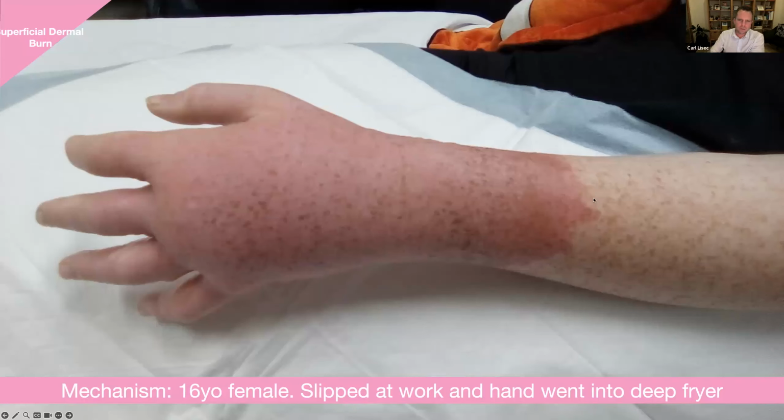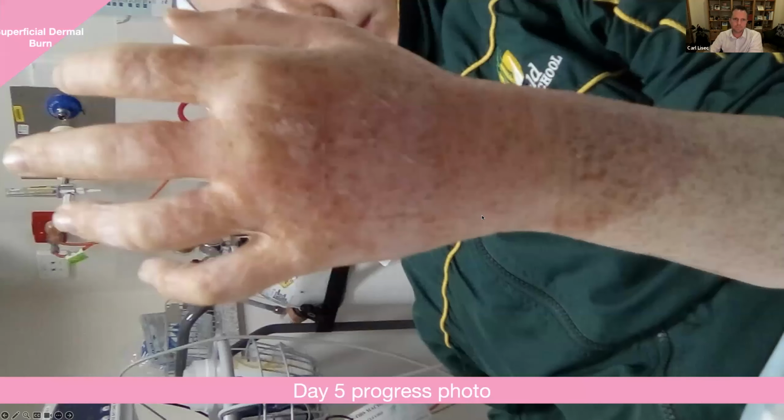This is a superficial partial thickness burn because the contact time, although it's hot oil, is usually very, very brief. And then usually the patient has good first aid. They usually have 20 minutes of cool running water. And because of those things, the burn is usually superficial partial thickness.